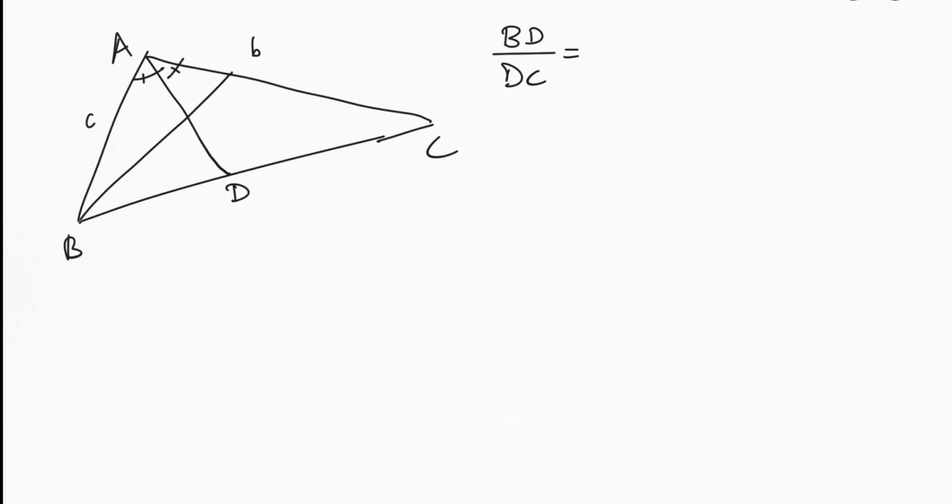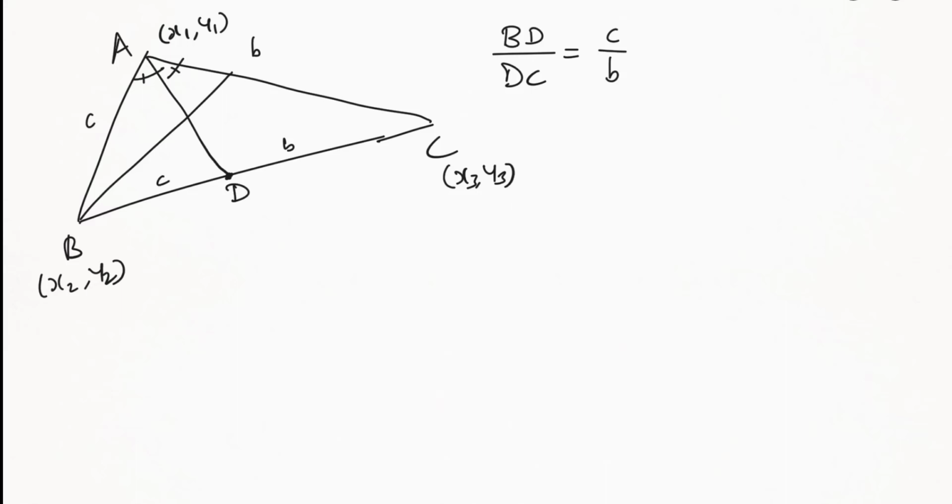Because we know the section formula, and once we know the ratio, we can easily figure out coordinates. BD over DC is c over b. If this is (x2, y2), (x3, y3), (x1, y1), you can easily figure out the coordinate. D will be what? If this is c over b, these are not exact lengths, these are just ratios.